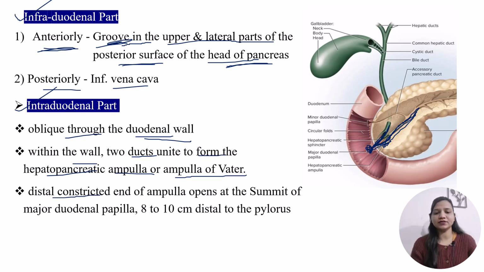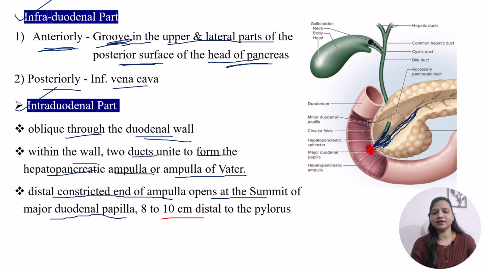And the distal constricted end of this ampulla opens at the summit of the major duodenal papilla of the second part of the duodenum.